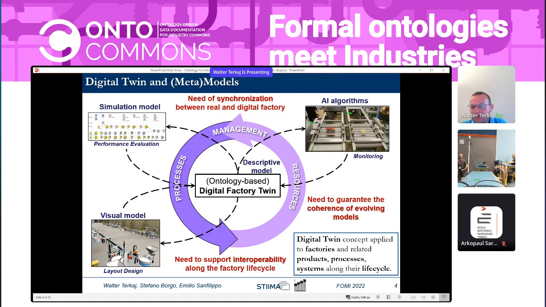And not to be forgotten, of course, we need to synchronize what is in the digital world with what is in the real world: synchronization between the real and digital factory.